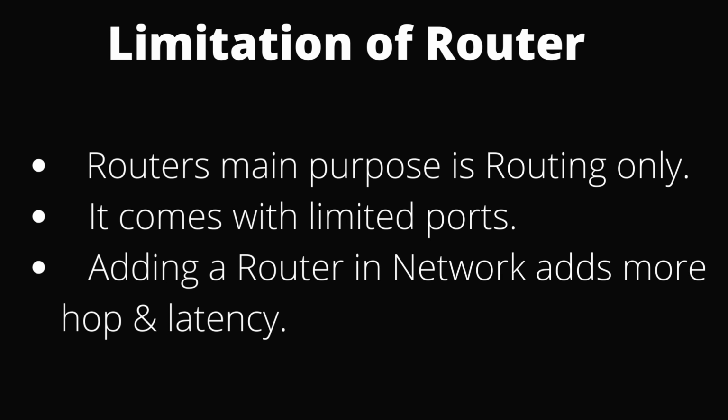Like Cisco, HP, Juniper, there are numbers of vendors who provide a router, but they provide some limited ports because we require this number of ports only, right? We don't actually require numbers of ports because it depends upon your requirement and how many networks you are going to connect directly on the router. But again, these are limitations.